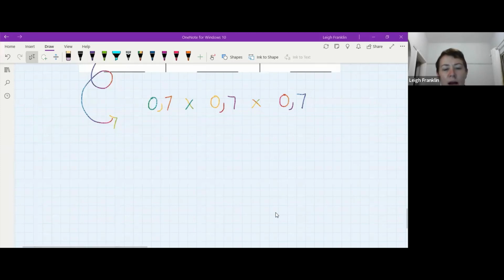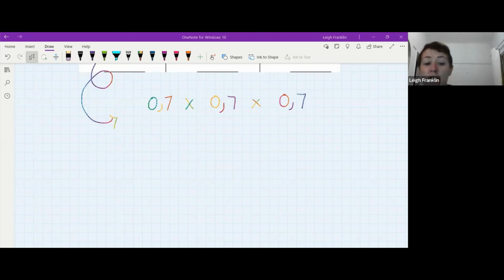Okay, so 0,7 can also be written, Caroline, how? How can 0,7 be written? Go for it, Caroline. How else could I write 0,7? I hadn't worked it out. You hadn't worked it out.